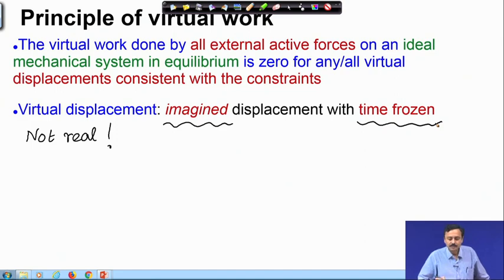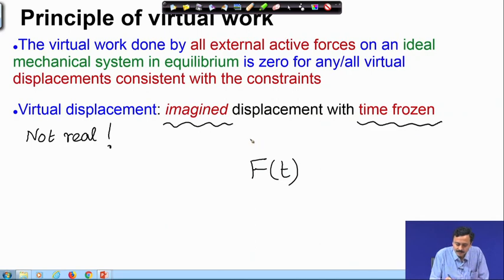Now, when you have real displacement, time cannot be frozen. So, if you have forces which are changing with time, in a real displacement the forces are going to change, but in a virtual displacement forces will retain the value at that specific instant of time.